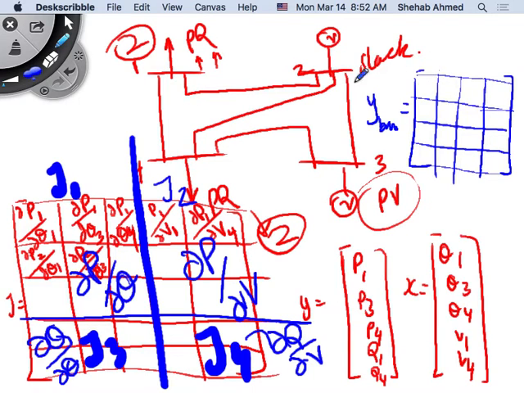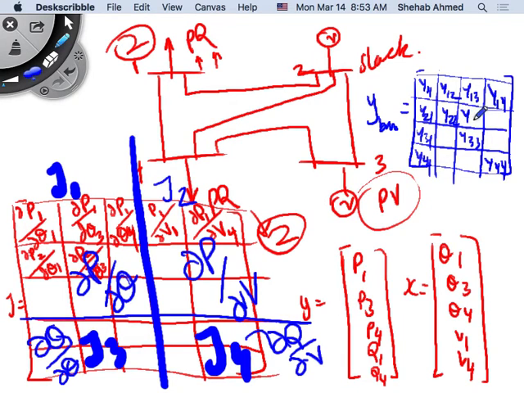This is Y11, Y22, Y33, Y44, and this is Y12, Y13, Y14, and it's symmetric. So this is going to be Y21, and this is Y31, Y41. It's a symmetric matrix.